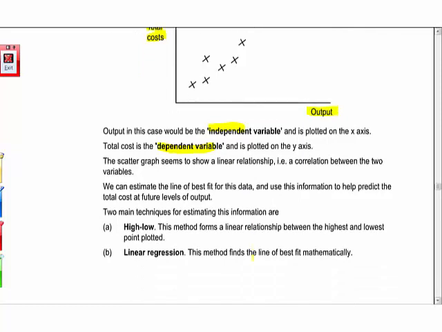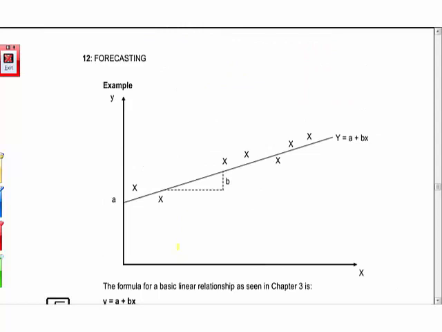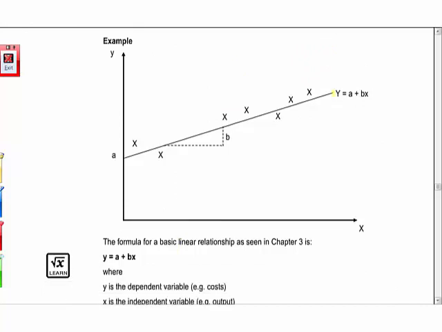The two techniques then that we can use for this are the high-low method, which is a simple approximation, and linear regression, which is a mathematical model to find the line of best fit. So let's have a look at popping some lines on. If we have a look then at the graph at the top of the page, we can see that the line here is y, so total costs are equal to a plus bx.